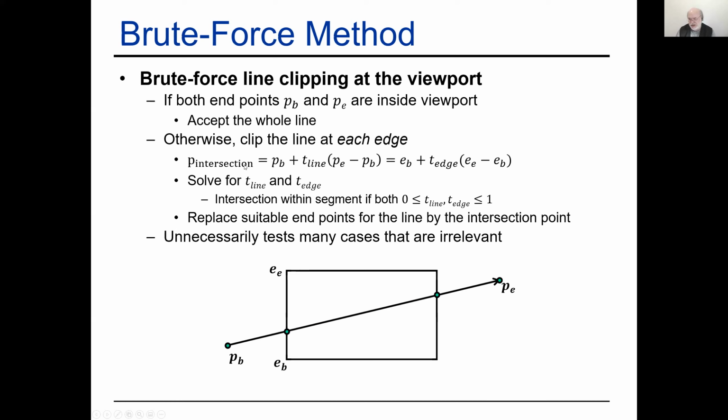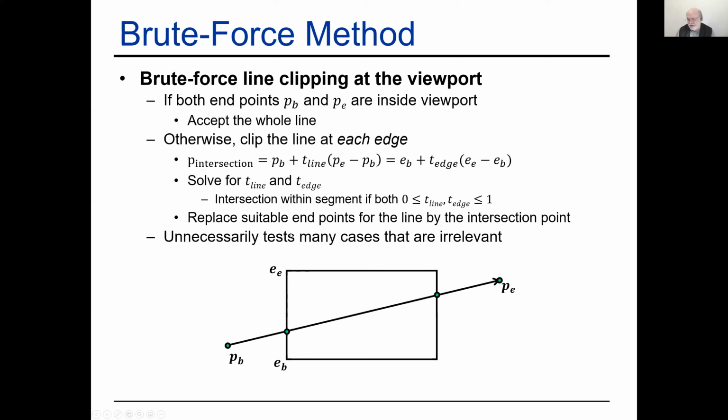This is the parametric form of the line equation: the beginning point plus some parameter t that runs between the beginning and the end point. As we vary the parameter t between 0 and 1, we sweep the entire line segment.